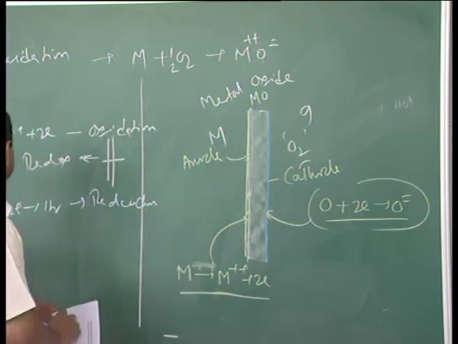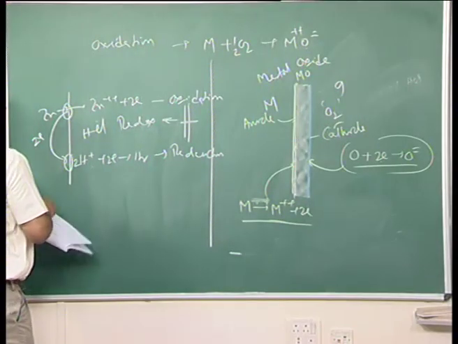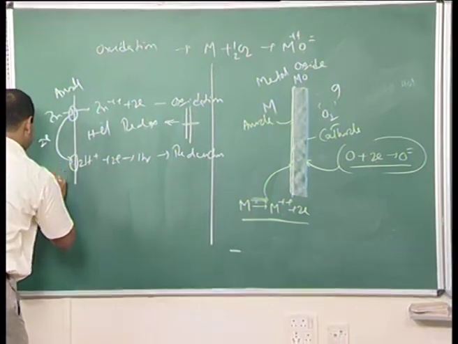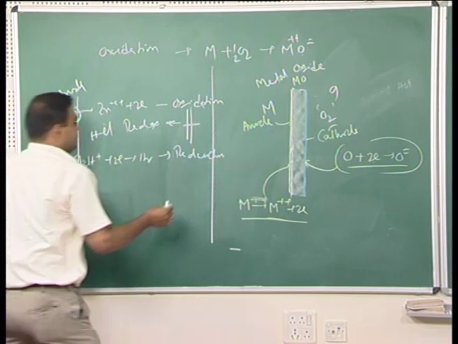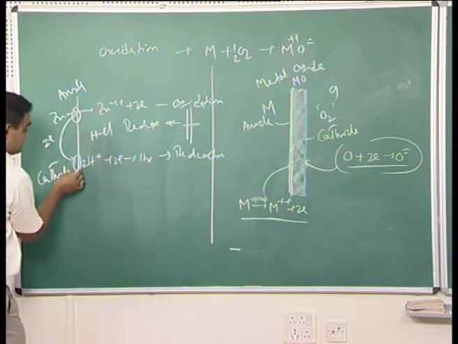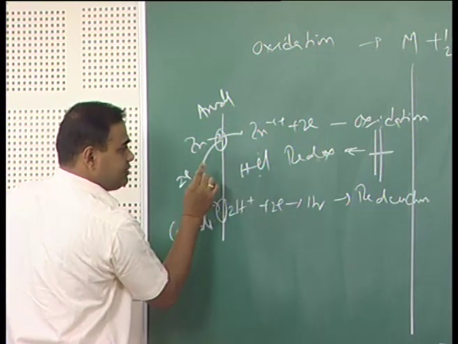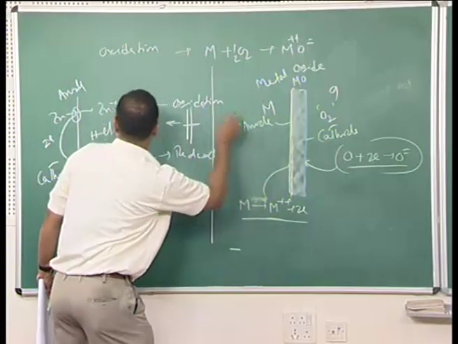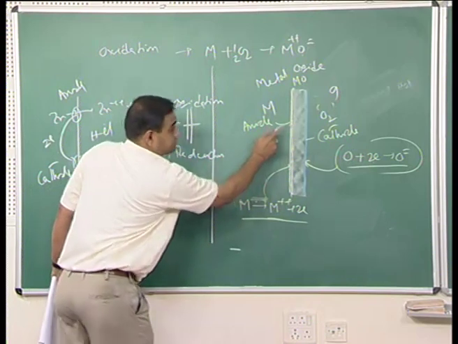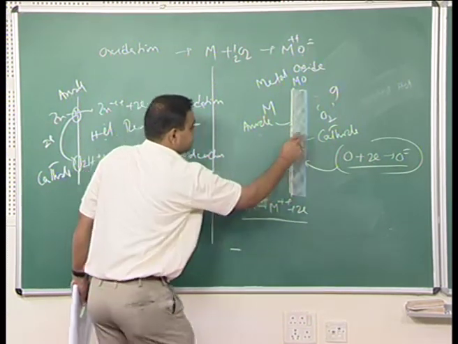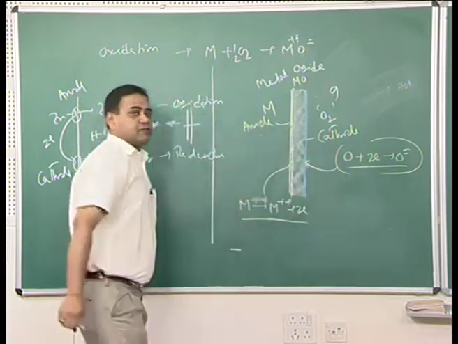Fine. Now let us compare with this. You have the anode here, you have the cathode, you have the cathodic reaction on this surface, you have the anodic reaction on this surface, you have the electrolyte here. Now we have come to know that this surface is the anode, and on this surface the anodic reaction is taking place, and this surface is the cathode.